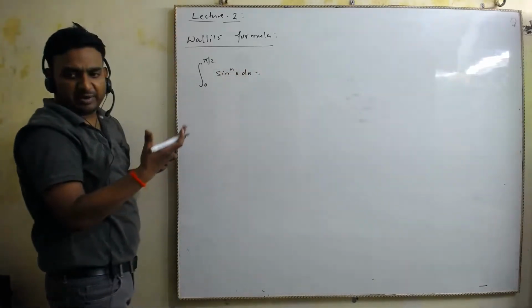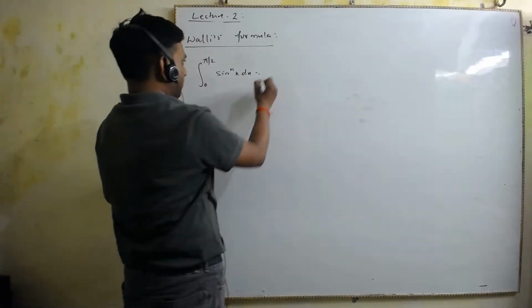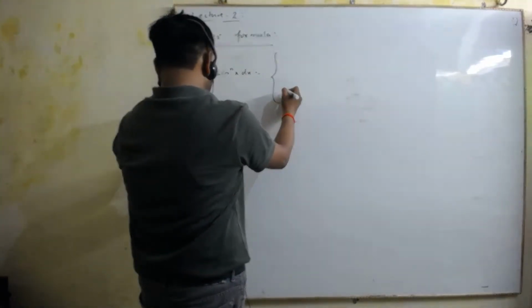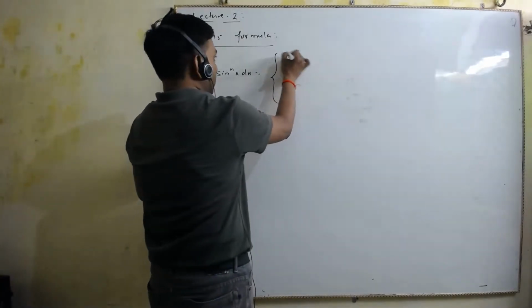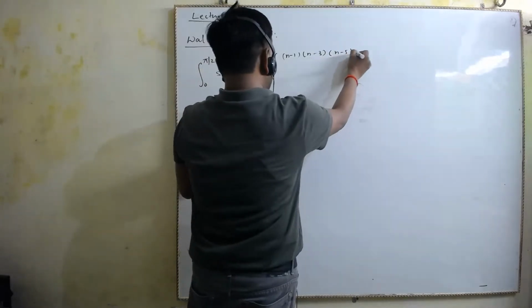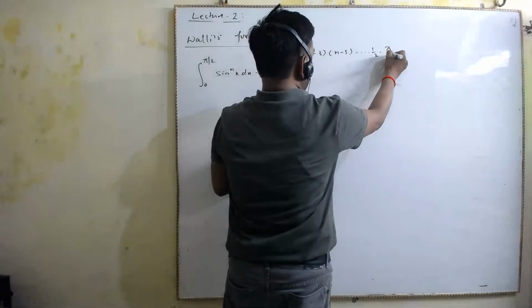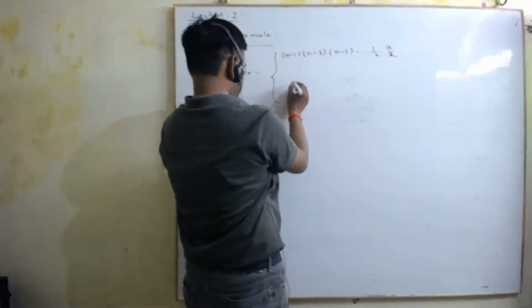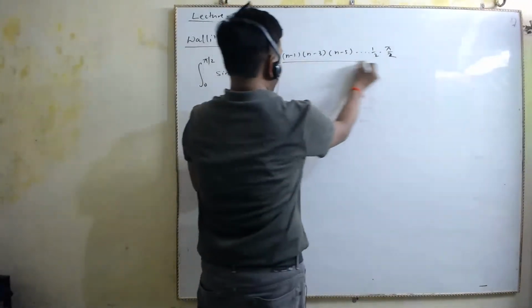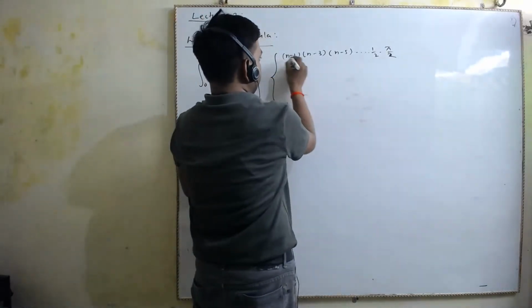That is again the byproduct of this reduction formula. That will be n minus 1, n minus 3, n minus 5, down to 1 by 2 into pi by 2, divided by, sorry.